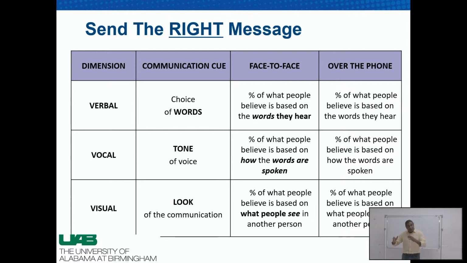Can I help you could also be said in a very antagonistic, non-supportive tone that patients or clients will not be happy with. Okay, so you've got to convey the right message in the right way. Your tone of voice is important, your choice of words is important, and of course, the appearance. Mannerism is everything.